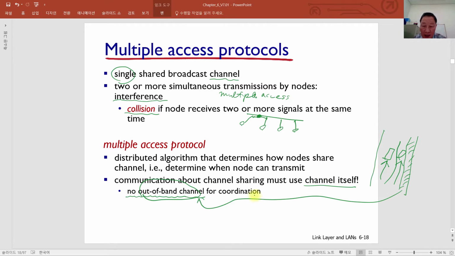But in our case here, we don't have this out-of-band channel. That means we cannot use another channel for coordination, for control. This channel itself will be used for sending the coordination signal or control message, as well as the main data that will be sent through that single channel.